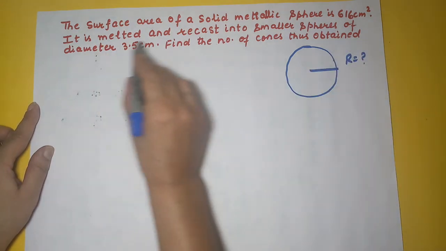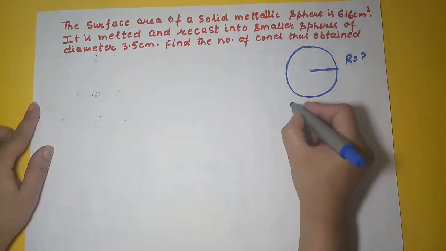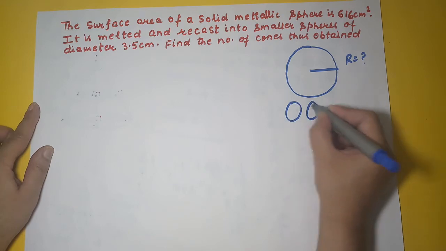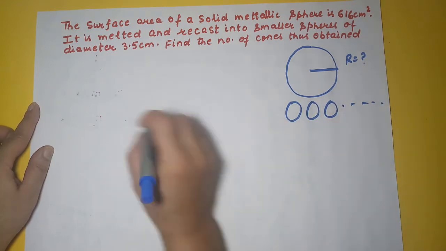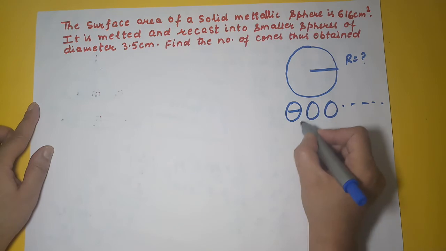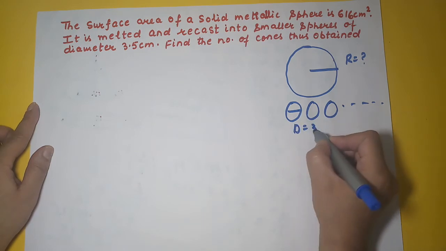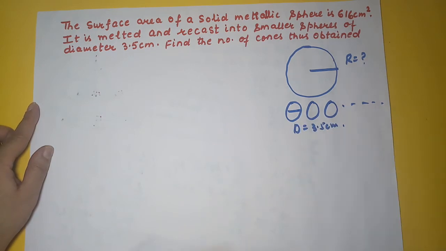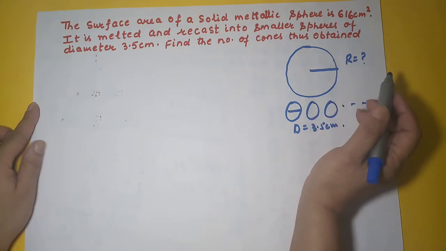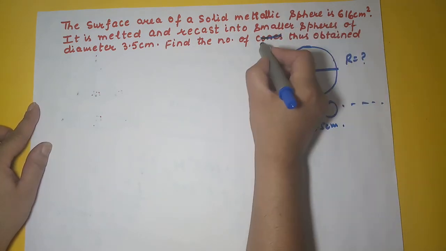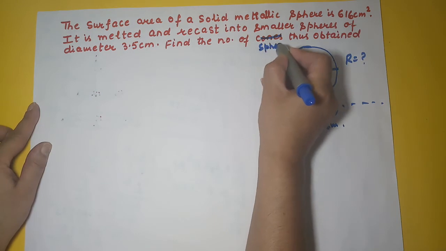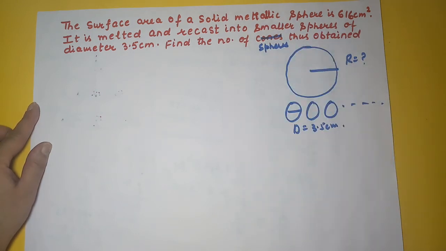It is melted and recast into smaller spheres, we don't know how many in number, whose diameter is 3.5 centimeters. Find the number of small spheres formed out of this.